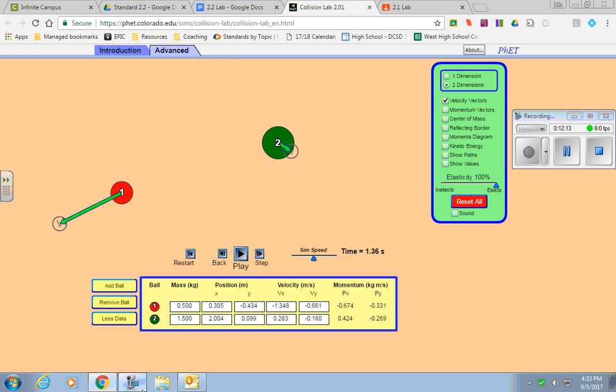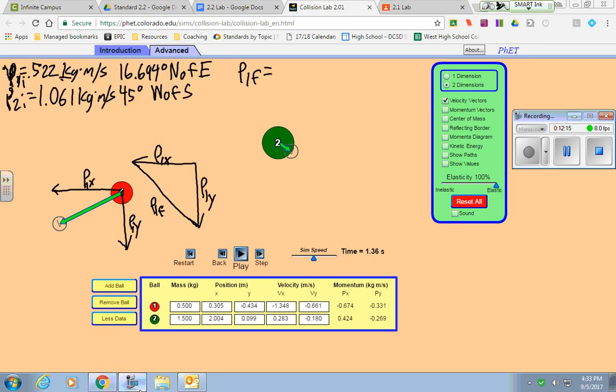So again, use Pythagorean theorem to deal with this. We're going to deal with Pythagorean theorem again to solve for our P1 final.